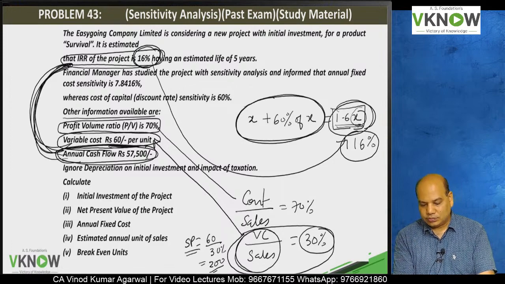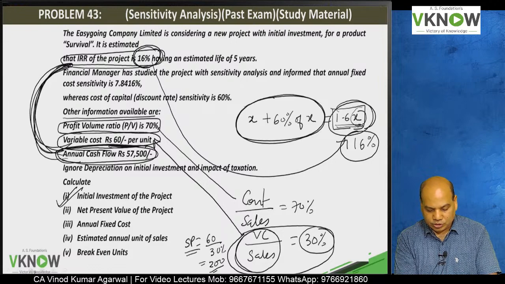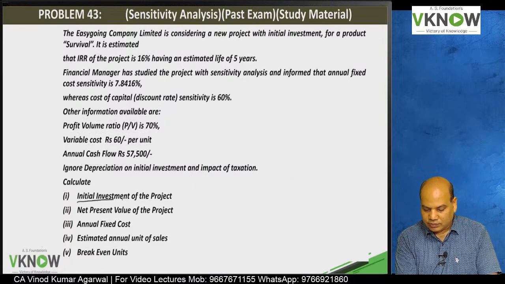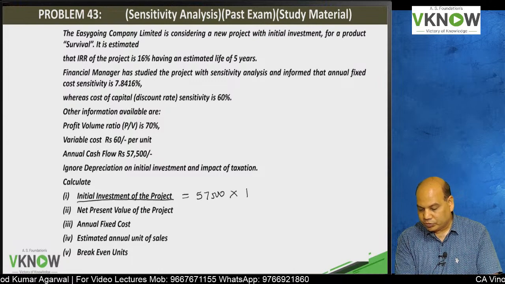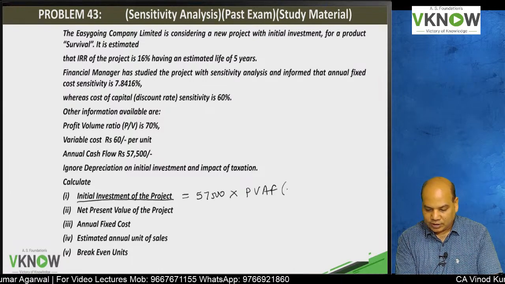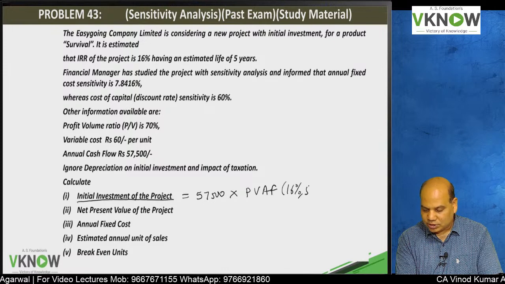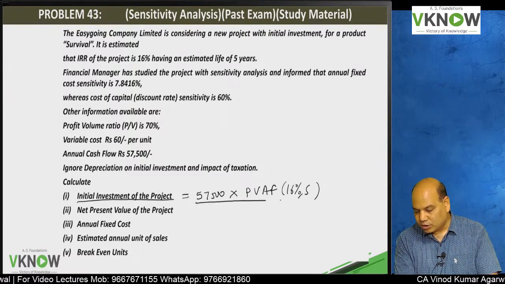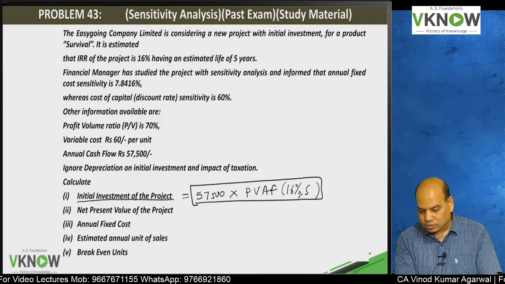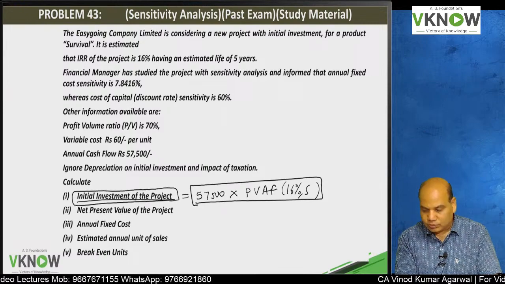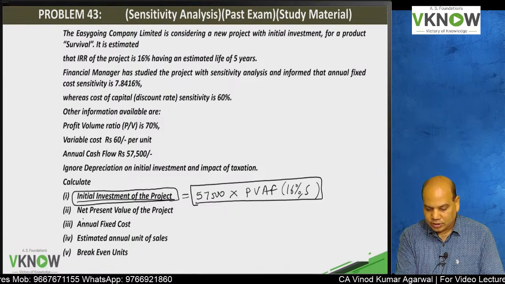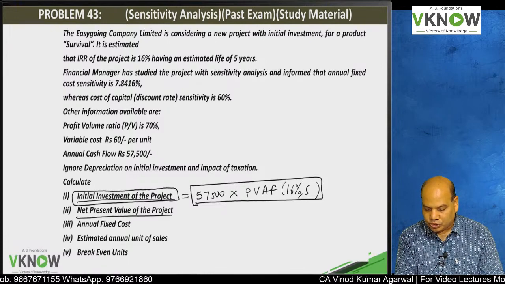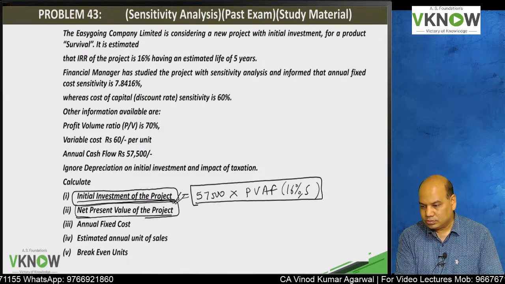So we can find out the initial investment in the project also. Initial investment in the project is simply 57,500 into PV annuity factor at 16% and 5 years. This will give me PV of inflow, but that is also equal to the cost of the project. Is it right?